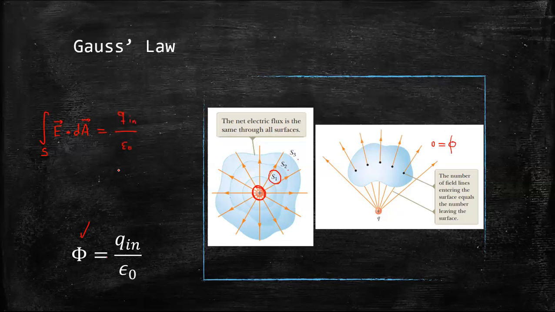Remember that epsilon 0 is the permittivity of free space. In Spanish it is permeabilidad del vacío, and it is related to K. Remember that Coulomb's constant K was equal to 1 over 4 pi epsilon 0.